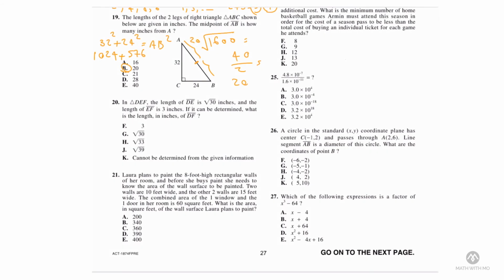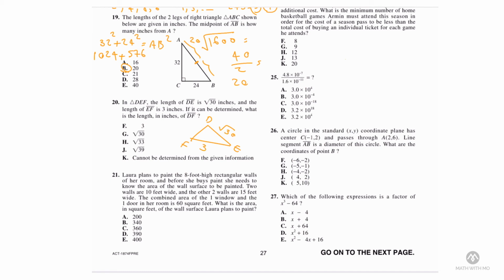B. In triangle DEF, the length of DE is root 30 inches and the length of EF is 3 inches. If it can be determined, what is the length in inches of DF? Basically in this triangle, we have only two known lengths: DE, which is root 30, and EF, which is 3.